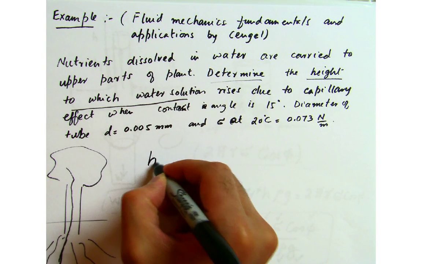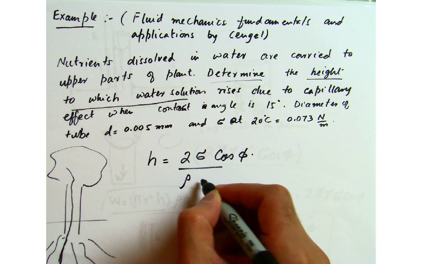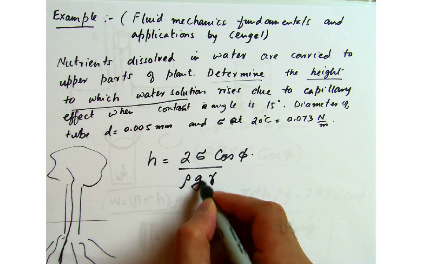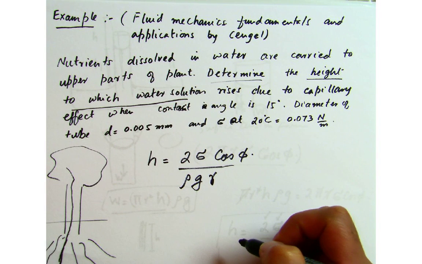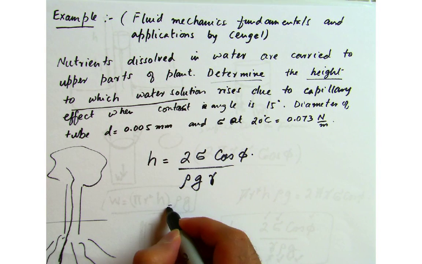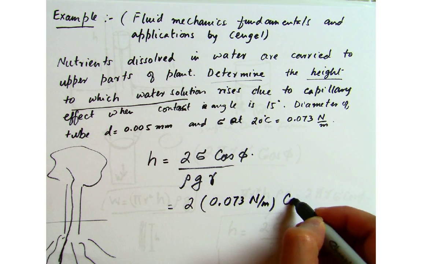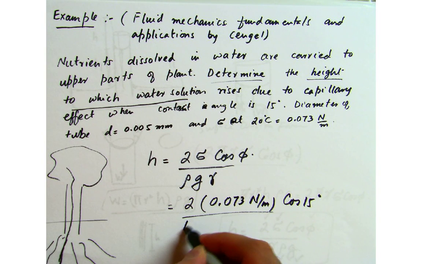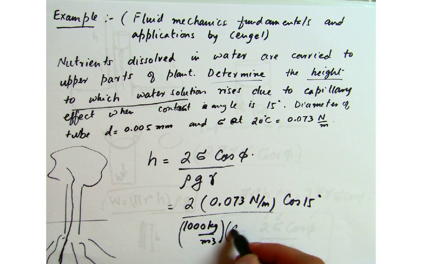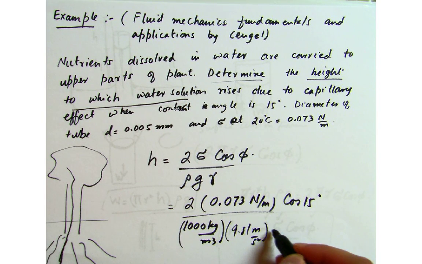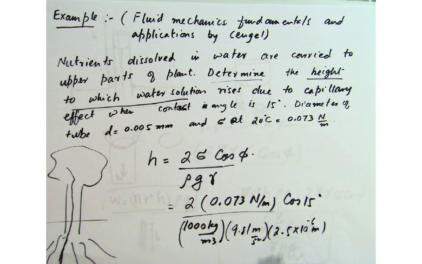So if I have H equals 2 sigma cosine of phi divided by rho g r, what we have in this case is 2 times 0.073 Newton per meter times cosine of 15 degrees, divided by 1000 kg per meter cubed, 9.81 meters per second squared, and 2.5 times 10 raised to the power minus 6 meters, because everything was in millimeters, so I converted that into this.